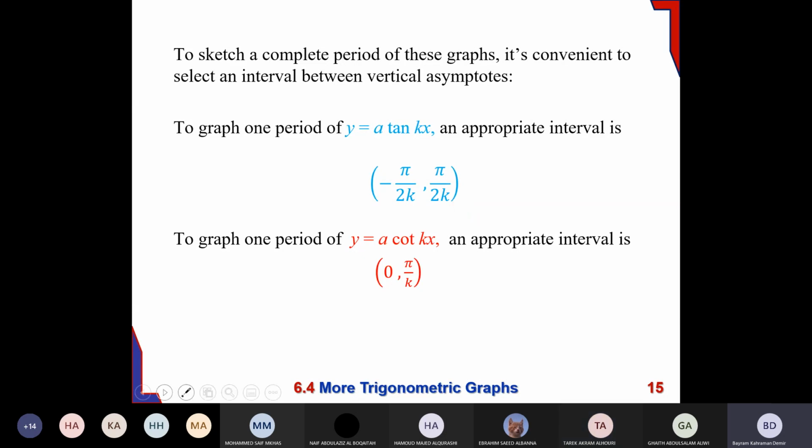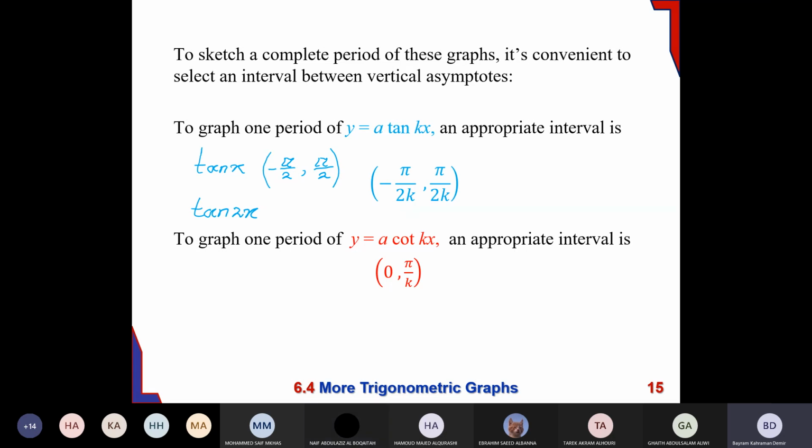And let me write it here for you to remember. We sketch the graph of tangent x between negative pi over 2 and positive pi over 2, right? These are asymptotes. But if you like to sketch tangent of 2x, Shabab, so what do we do? We divide by 2.